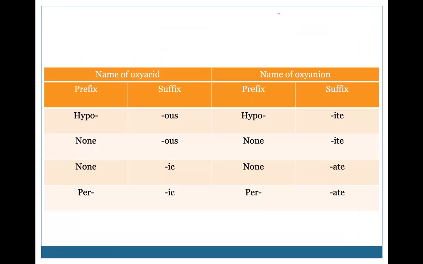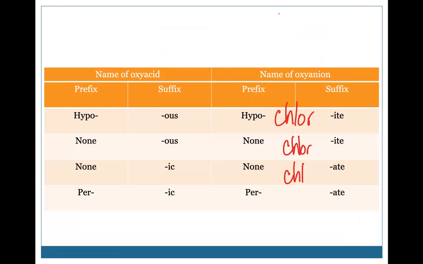So you can see, starting on the left-hand side, we've got the name of the oxyacid. There we go, back online. So if we go from the oxyanion, so hypo, what if I just put in chlor?